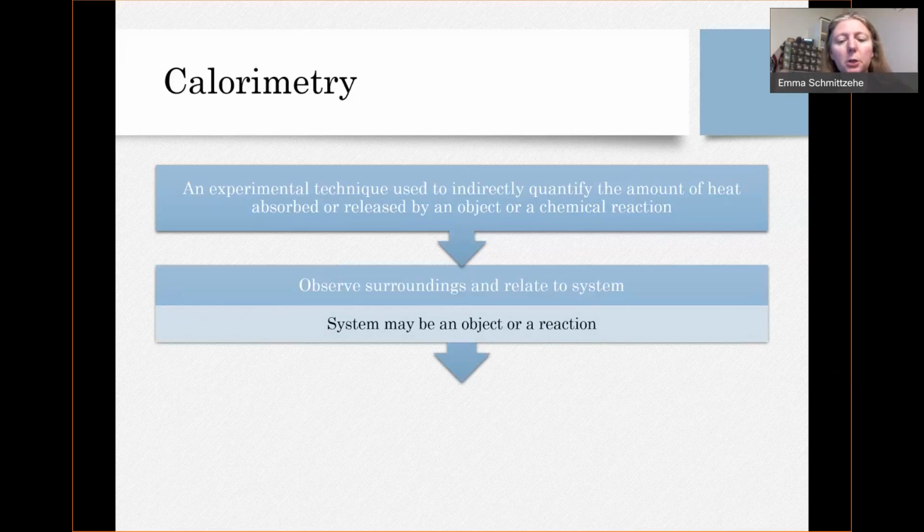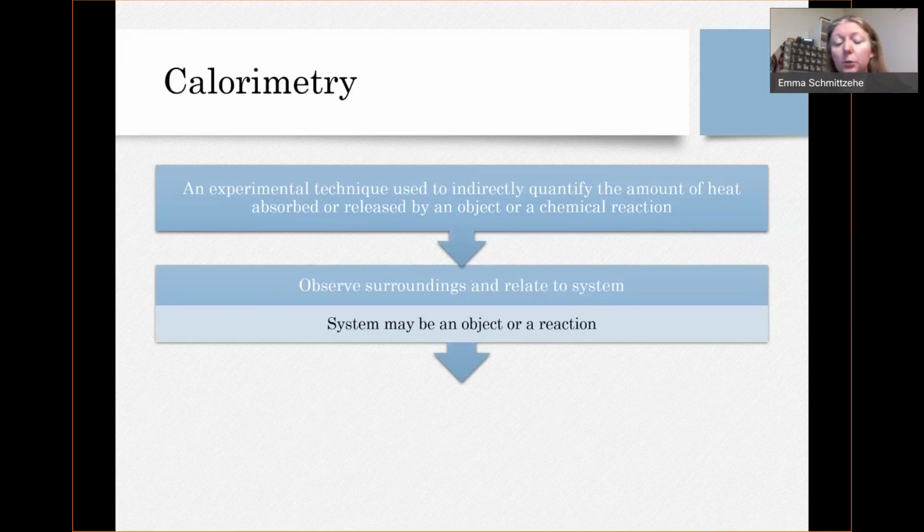We just use a thermometer and see, does the temperature of the surroundings go up or down? And then that tells us about the heat of the surroundings, which then is related to our system. When we use that term system, we're talking about whatever object or reaction we're trying to study, okay?